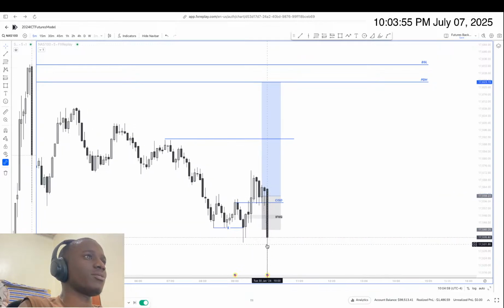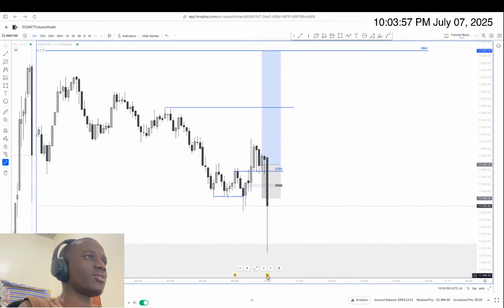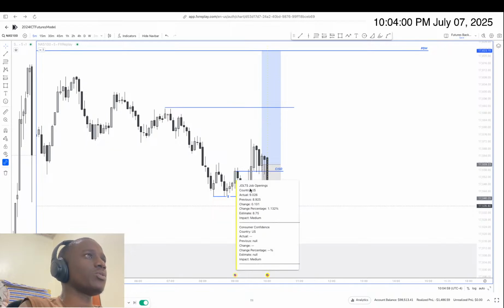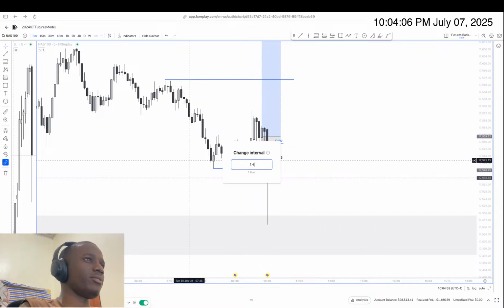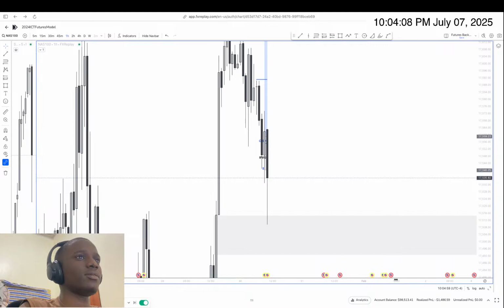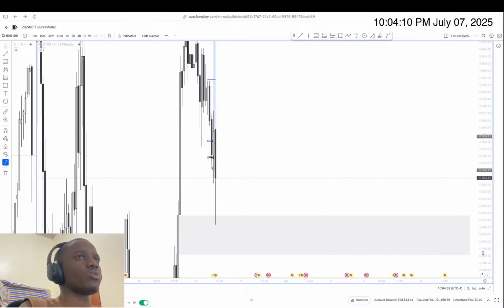So it sweeps us out at this news. We have news at 10, the JOLTS job openings, which end up dropping into the 1 hour fair value gap. Yeah, so it's normal, shit happens.